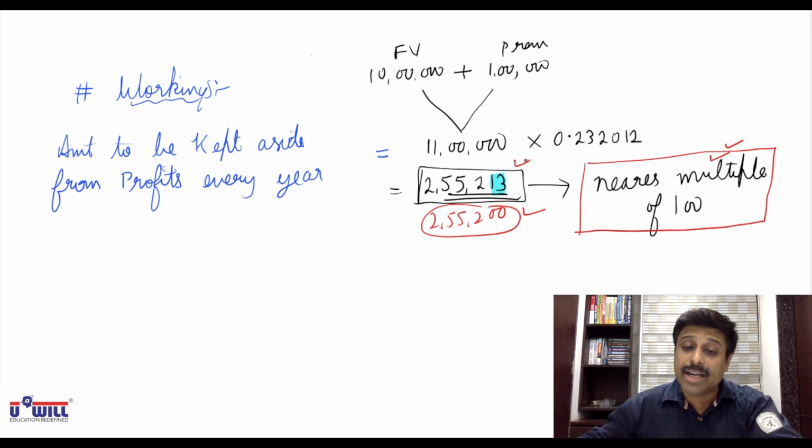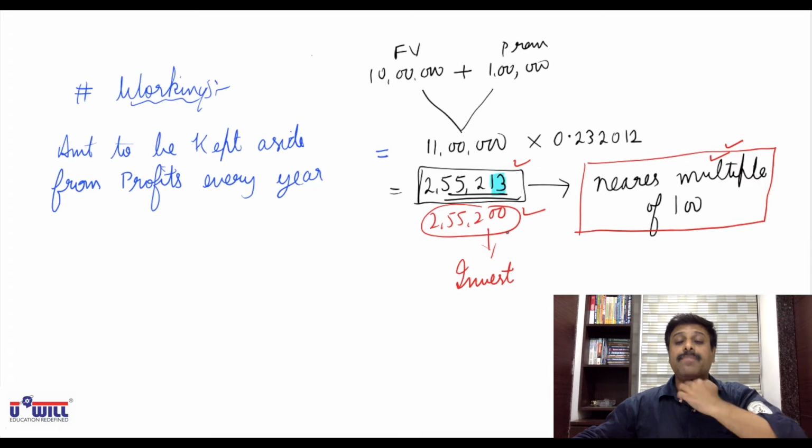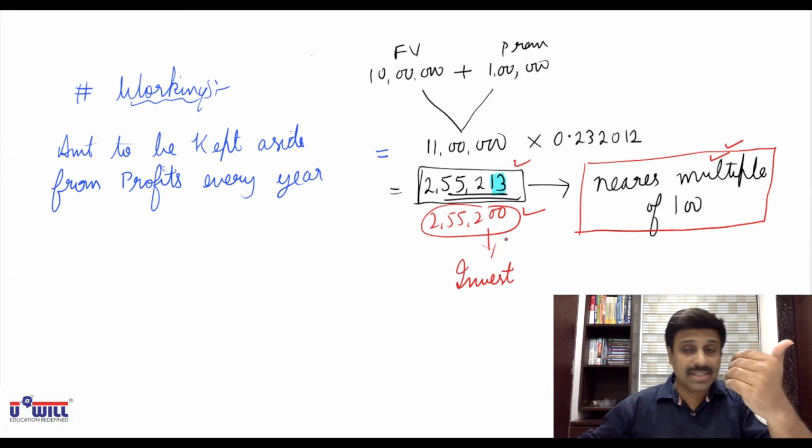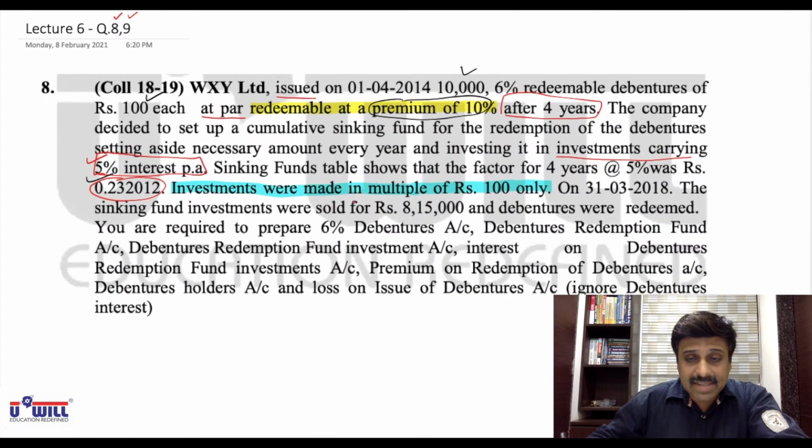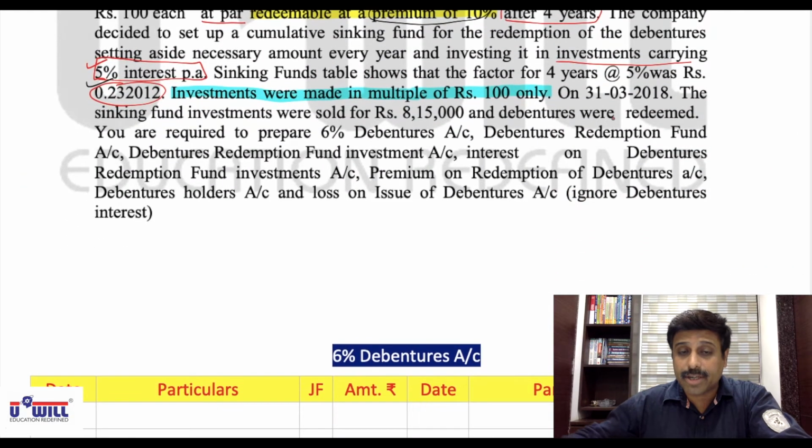We will keep aside 2,55,213, but what we will invest is 2,55,200 in the first year. In further years, we have to invest including interest, so we will see how much amount is there including interest, and accordingly we will invest the money. I hope everyone is clear with the point of investment in multiples of 100 only.